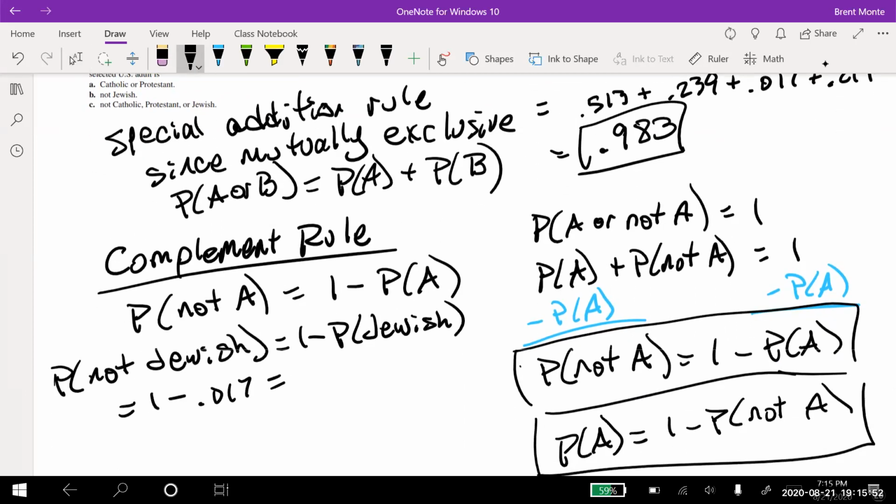And if I subtract that, I get 0.983. And lo and behold, it's exactly what I got when I added those up. So a lot of times when there's only one that you're excluding, you can just do 1 minus the probability that that one happens, and that'll give you the probability that it doesn't happen.